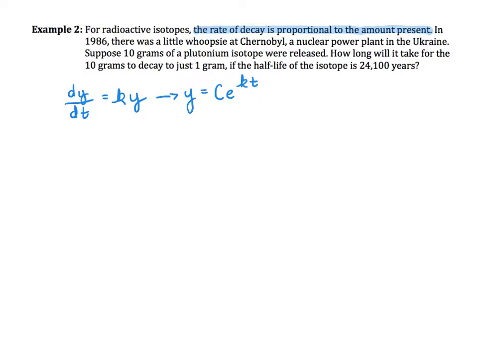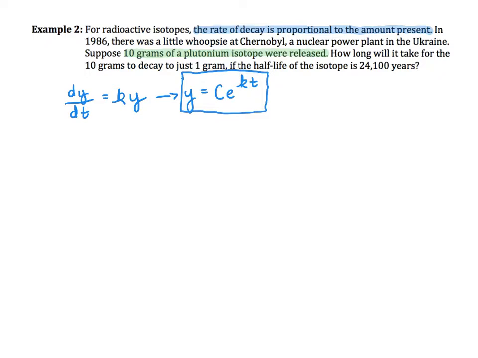I would just challenge you to think about what that tells us about what we can fill in, in our solution here. Hopefully you could connect the dots that means that at time 0, initially, there were 10 grams present.